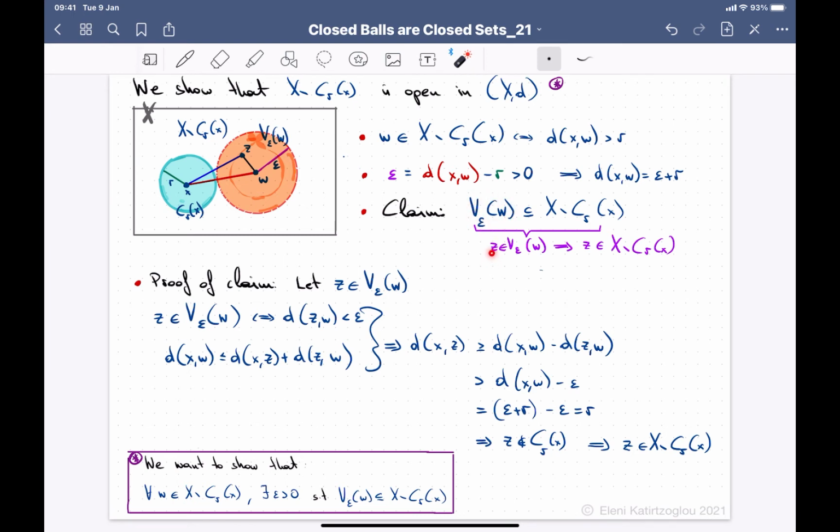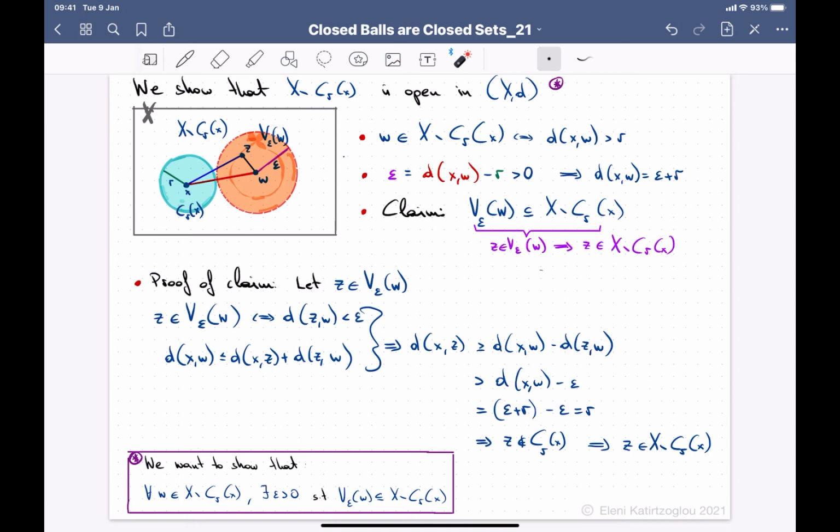That means we take, let's say, a z inside our neighborhood, and using some logical steps, we try to show that this z is also an element of the set we think is bigger.